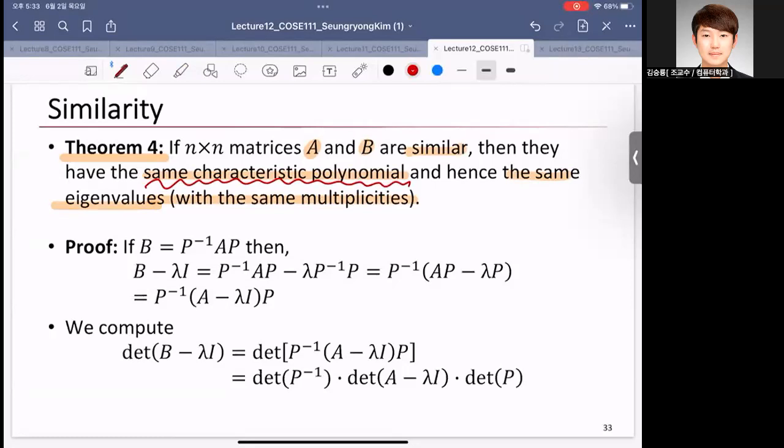Again, if n by n matrices A and B are similar to each other, even though the two matrices are different, they have the same characteristic polynomial. It means that they will have the same eigenvalues. So, that's theorem 4.